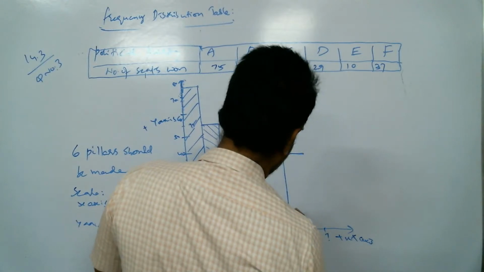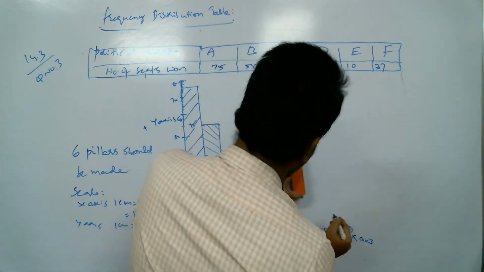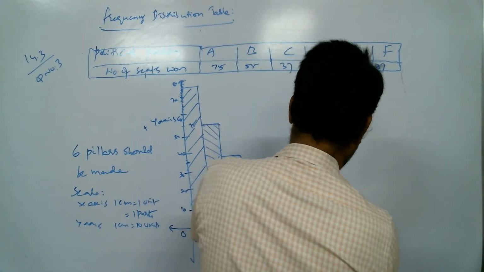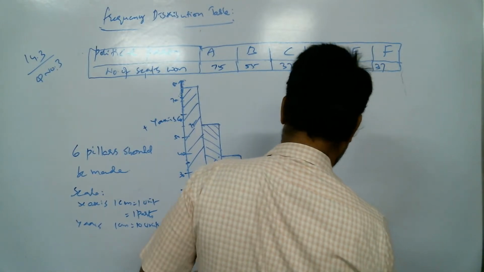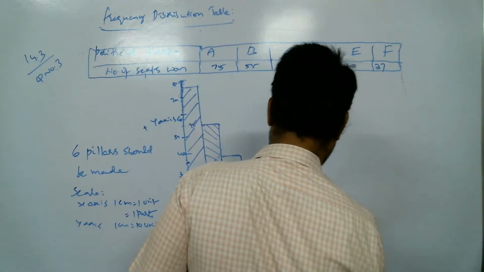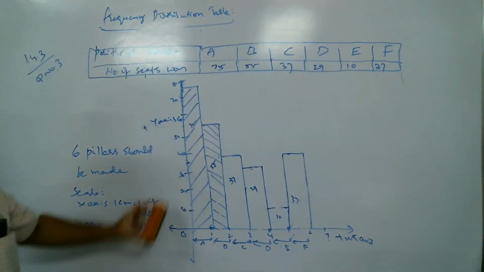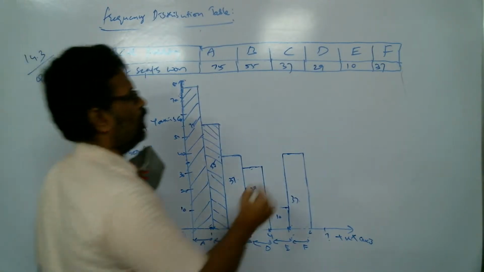So there is this part, and then you can join it, 37. So this is again 37. So you can color. So these are the, you have to go like this. This is the bar diagram. All this you have to do on graph paper.